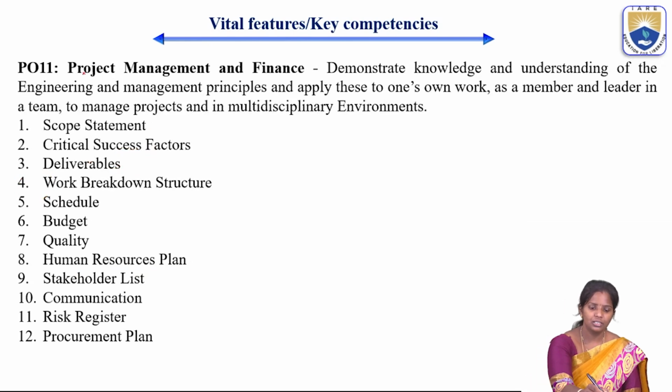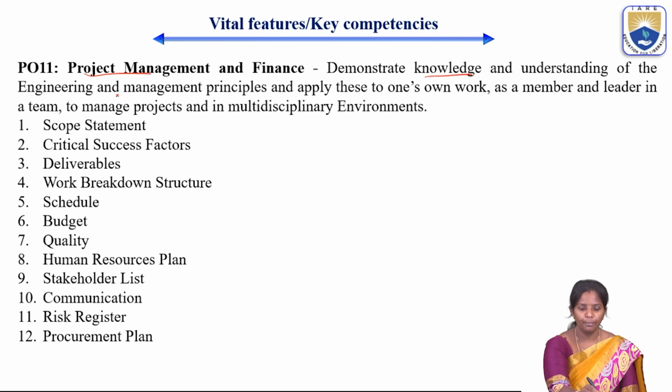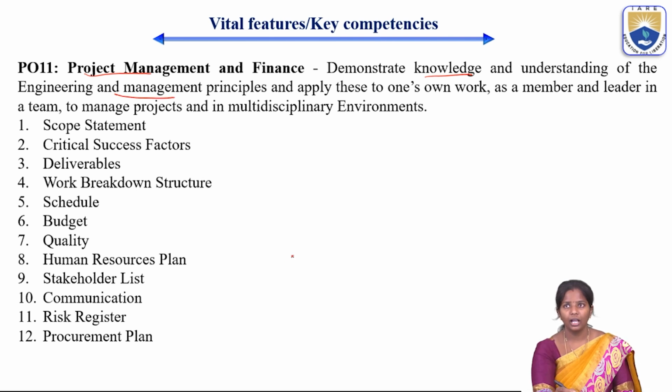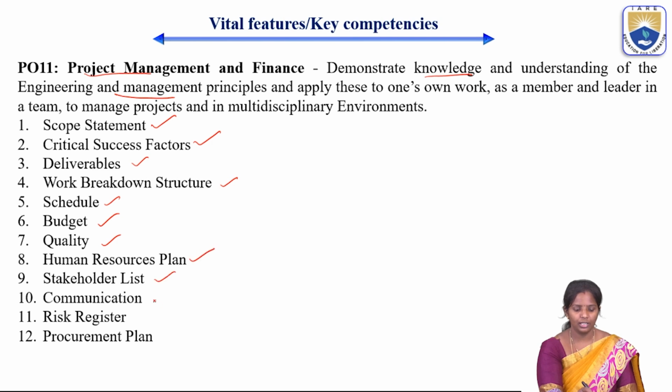Then PO11 is project management and finance. The student or graduate should have knowledge and understanding of management principles and also finance. Then scope, statement, critical success factors, deliverables, work breakdown structure, schedule, budget, quality, HR plan, stakeholder list, communication, risk register, procurement plan.